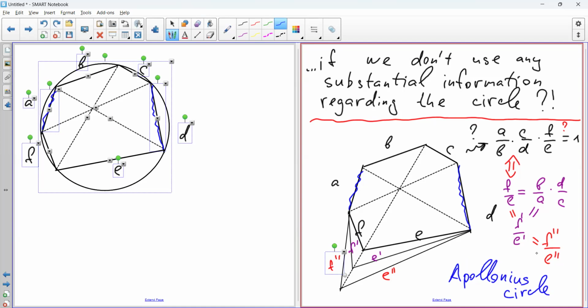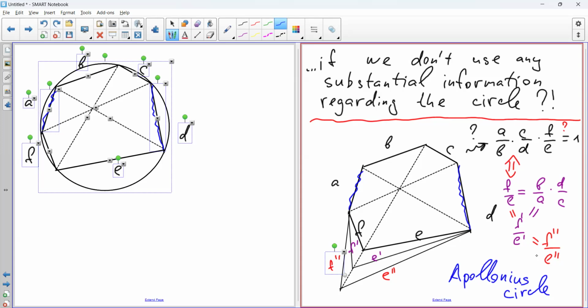So we consider 2 different points on the plane. We consider a third point, so that if we call the first 2 points A and B and the third point X, we consider the positions of X so that AX over BX is fixed.